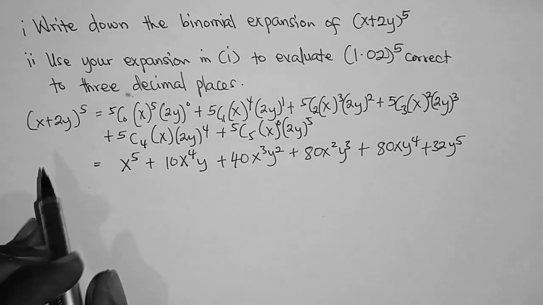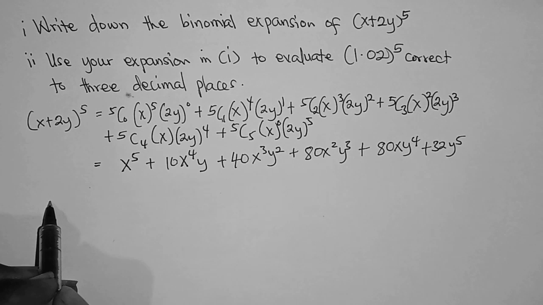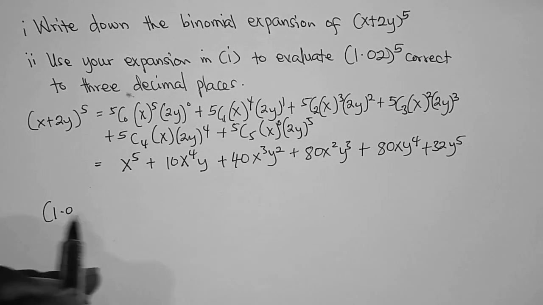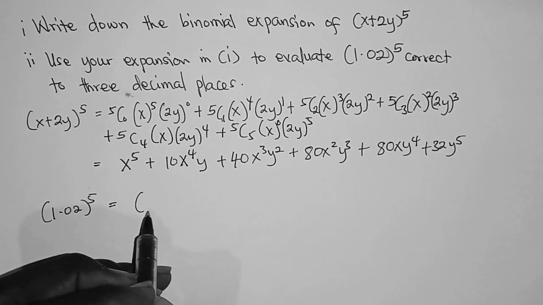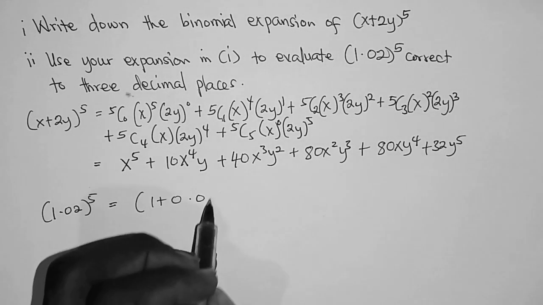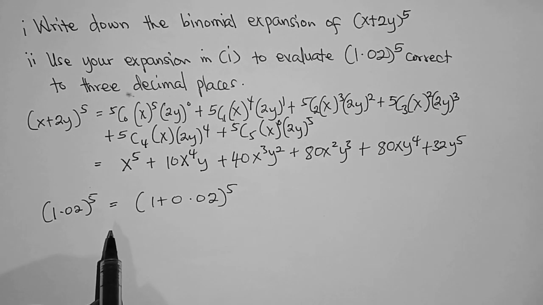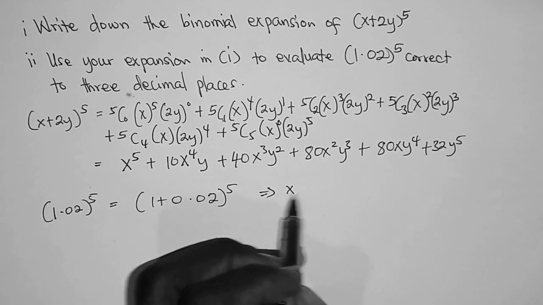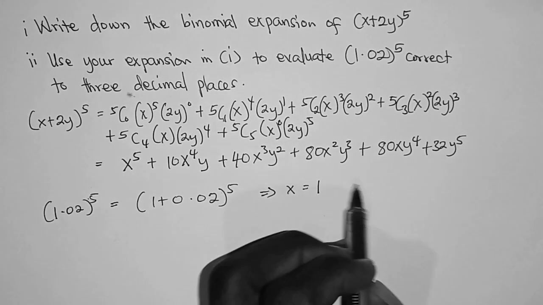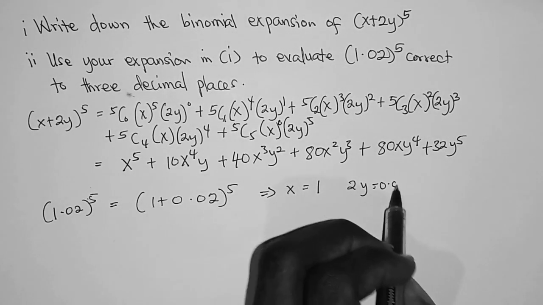Now, the second part of the question says that we should use this expansion to evaluate (1.02)^5. But we can rewrite that as (1 + 0.02)^5. So this implies that x is equal to 1 and then 2y is equal to 0.02.